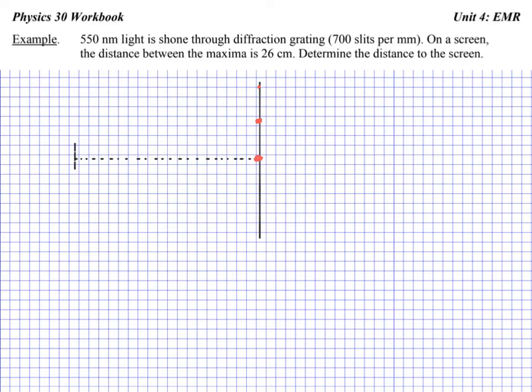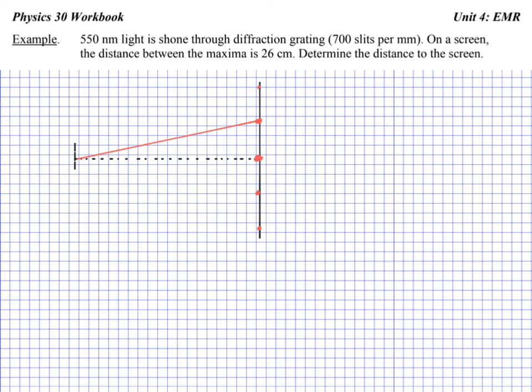This is going to happen on both sides, but we're only interested in one of them. So let's draw some triangles from the center of my diffraction grating to my first bright dot after the central maxima. This is the one I'm interested in.